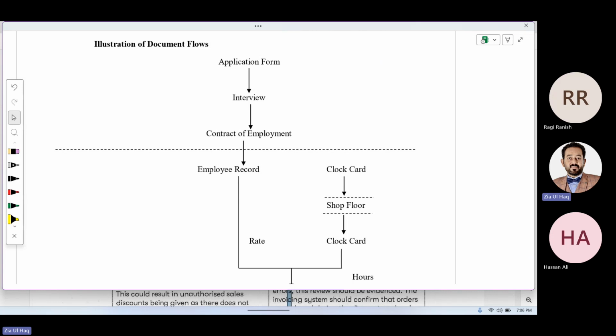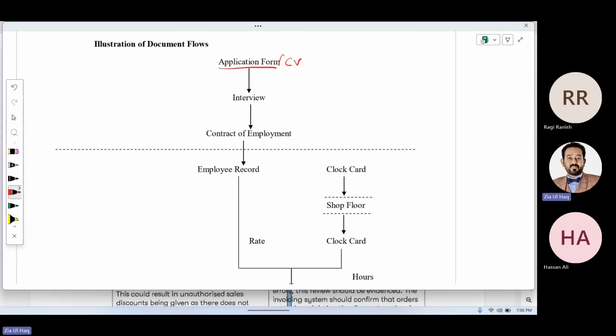Okay, when an employee is joining a company, before joining, he needs to fill an application form, or he needs to submit his CV. If he is applying online, he needs to fill an application form or submit a CV.